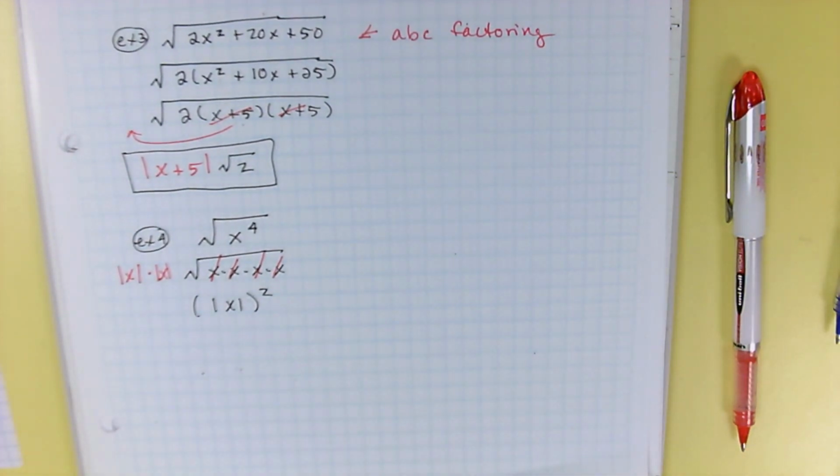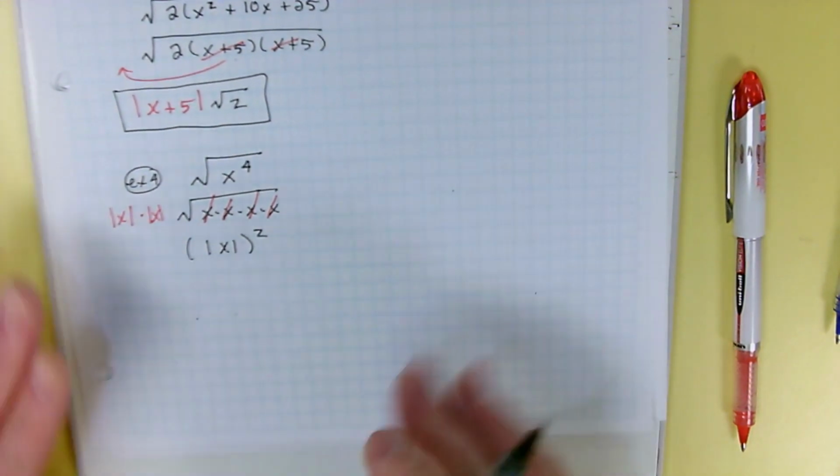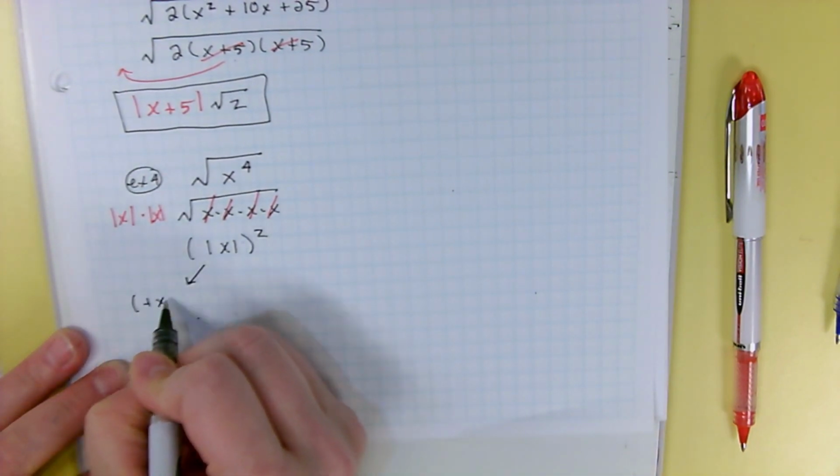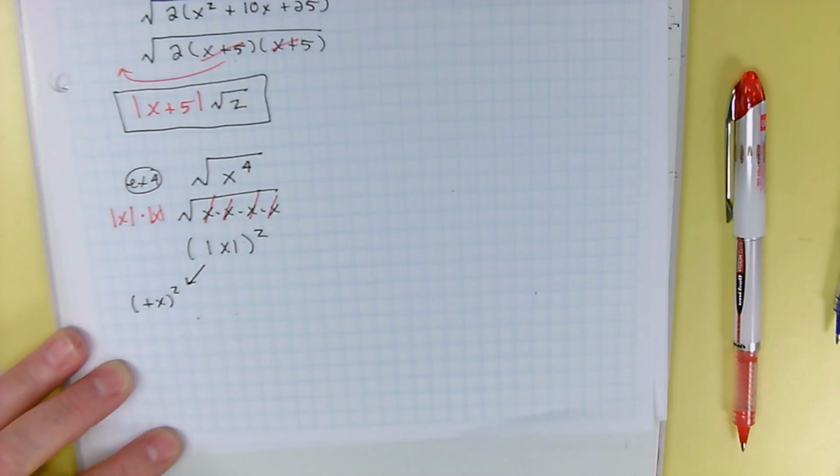Okay, so let me ask you, if x is a positive number, what's the sign on x squared? We don't know? Okay, let's write it out. So if x is positive, I have a positive x squared, and a positive times a positive is a positive.